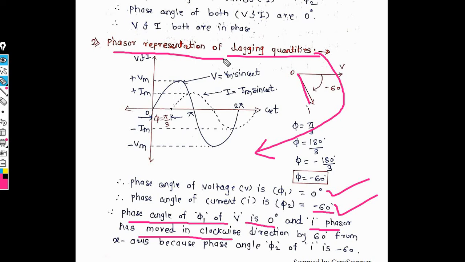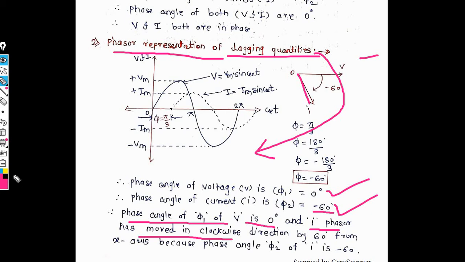Okay. Now this is the concept of phasor representation. Sir, what will be the equation of I here? Here I is equal to Im sin omega t, but I is in terms of angle: I equals Im sin(omega t minus pi by 3), or plus pi by 3? It is minus pi by 3, because the current waveform starts after the voltage waveform.